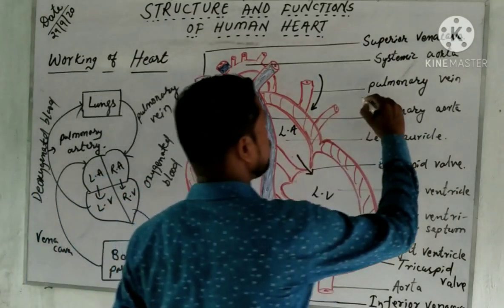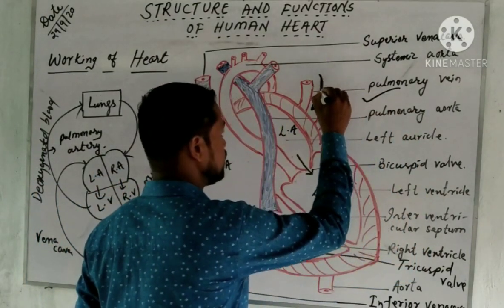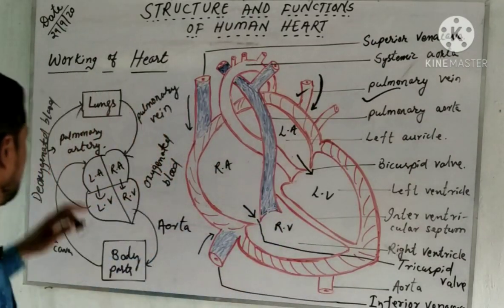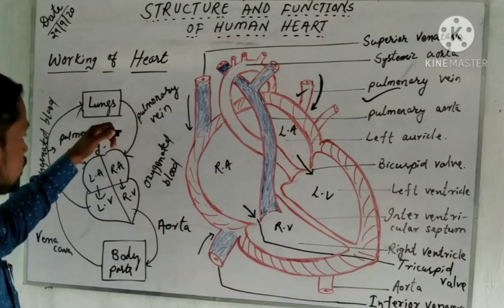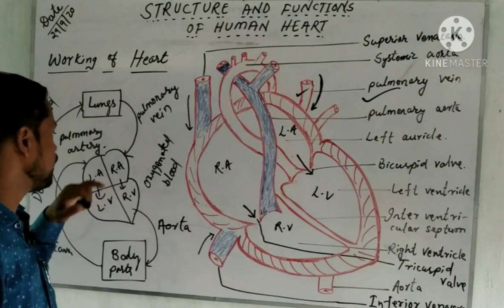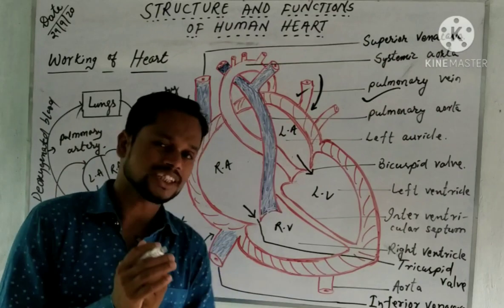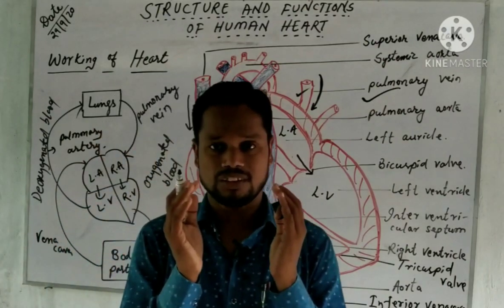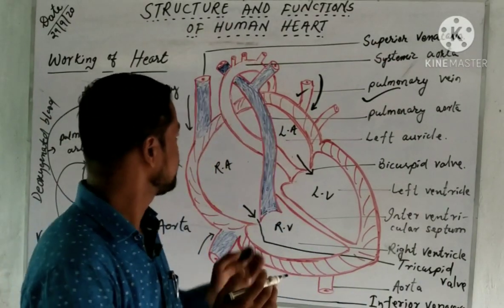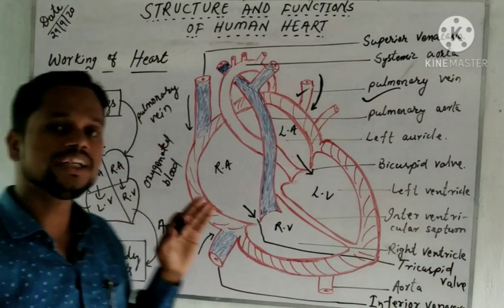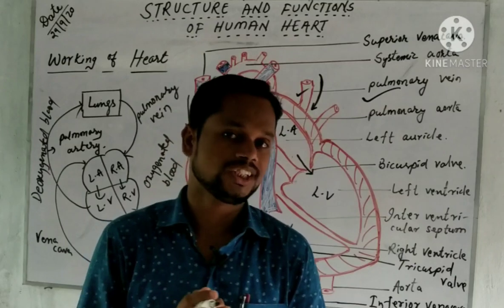This is the pulmonary vein. See, I have drawn it here. This pulmonary vein will take blood from the lungs and supply it to the right auricle. I told you all arteries carry oxygenated blood, but here the pulmonary vein is carrying oxygenated blood.